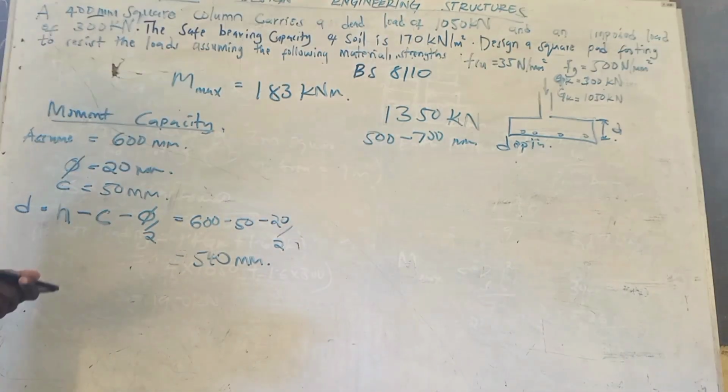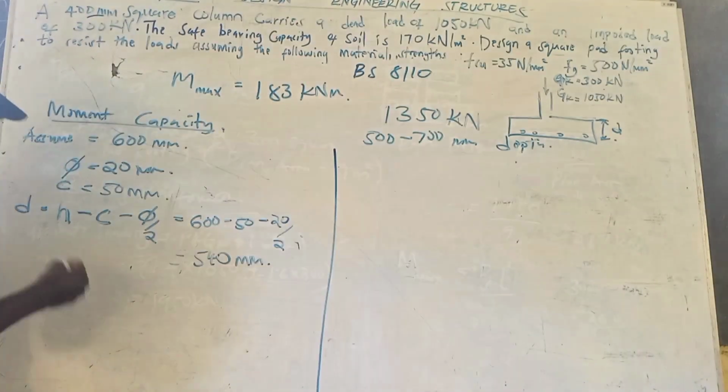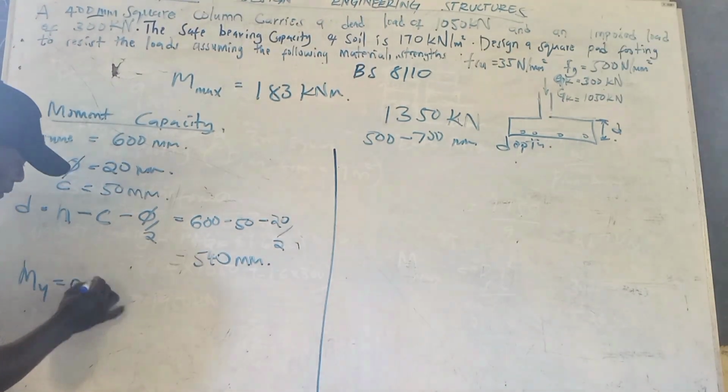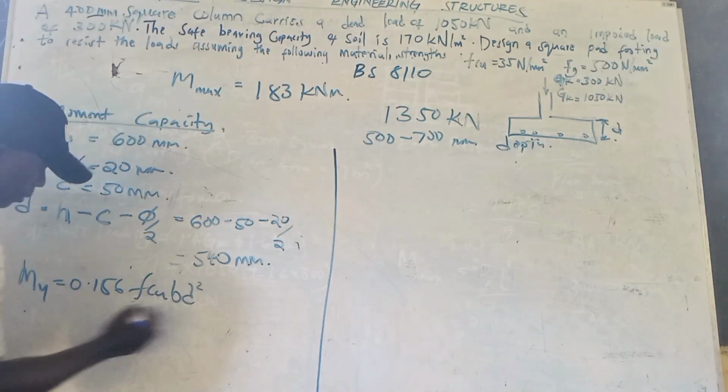Then we can now proceed to calculate our moment capacity, Mu, which is given by the formula 0.156 fcu b d squared.